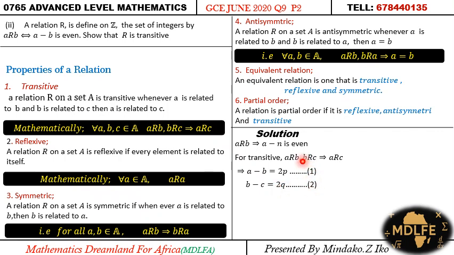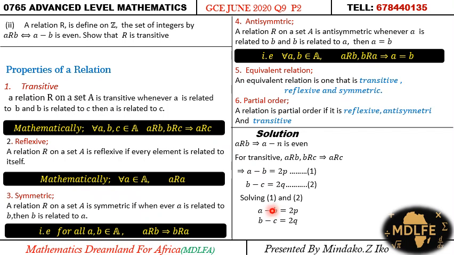Now I can solve these two equations simultaneously to prove that a is related to c also. So solving 1 and 2, I have a minus b equals 2p and b minus c equals 2q. Now this is a simultaneous equation, and we can solve them at the same time. I can add them: I have a negative b here and a positive b here, and if you add a negative number to a positive number, that number disappears to 0.